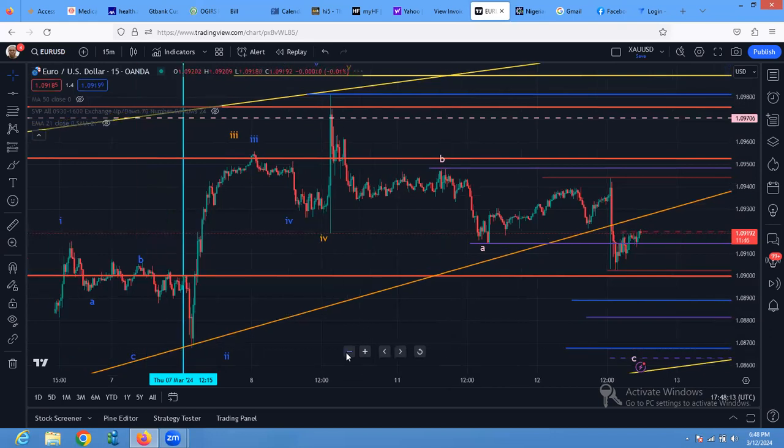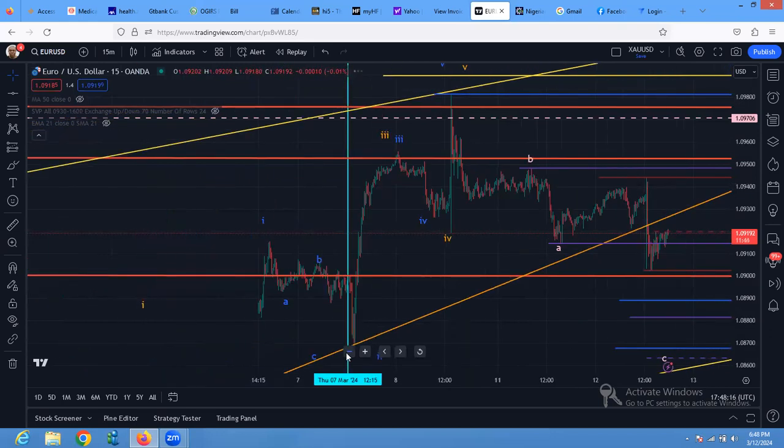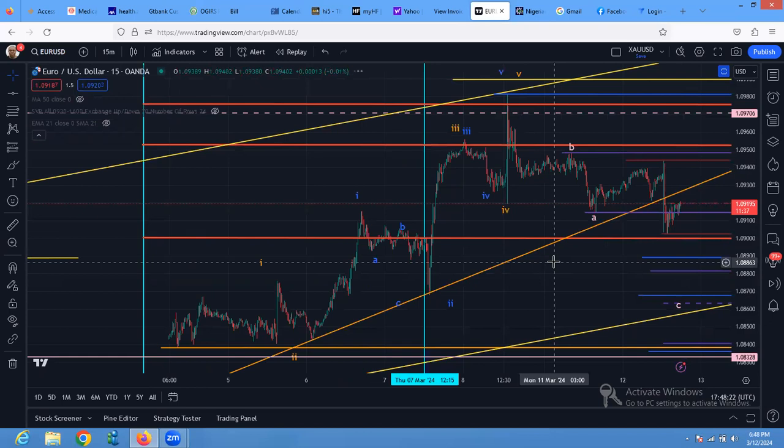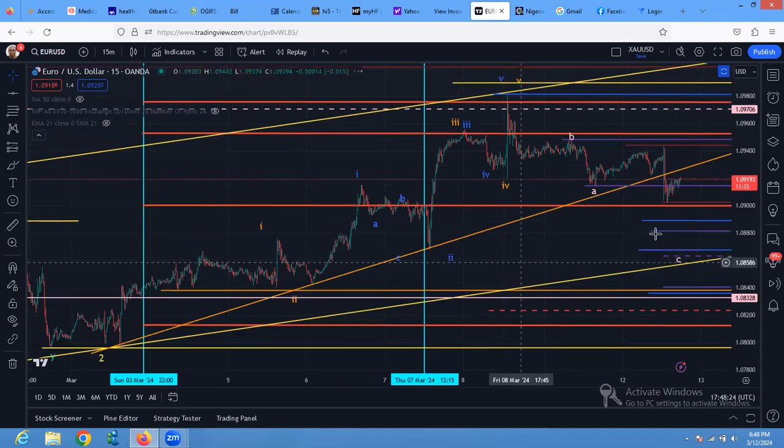So price is likely going to go beyond 100 extension. That's what I'm trying to say. This is a 100 extension here, and this is 127 and this is 161.8.